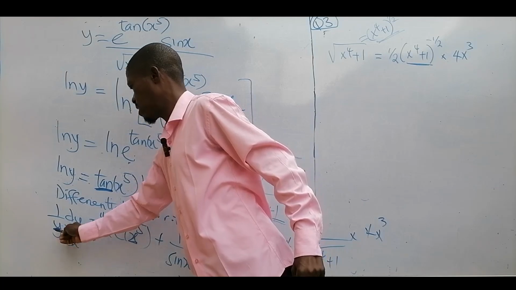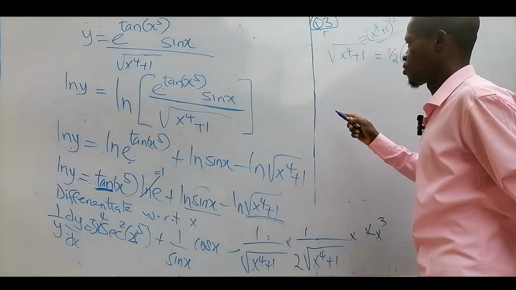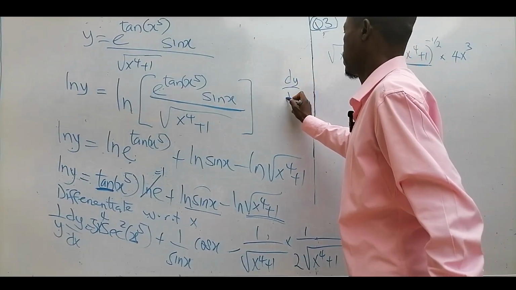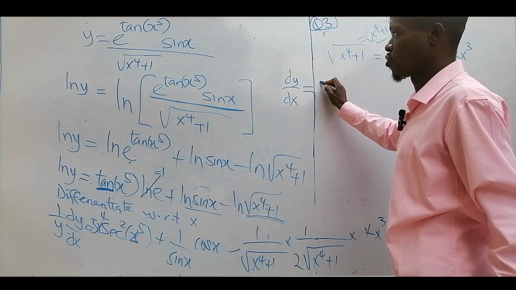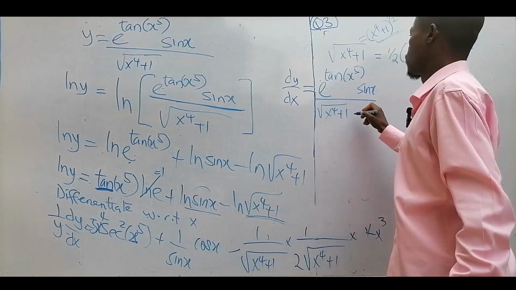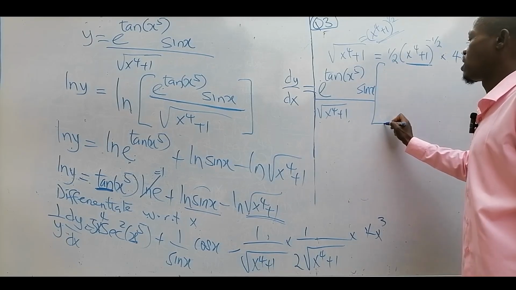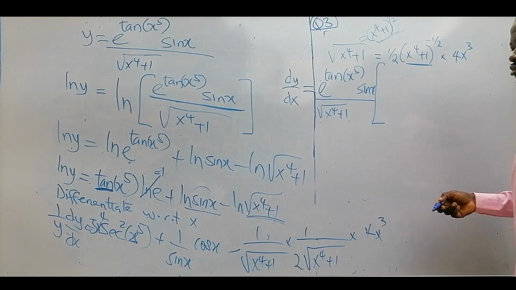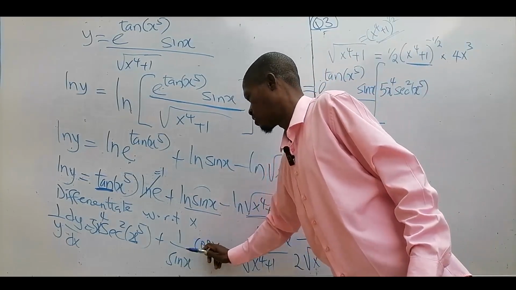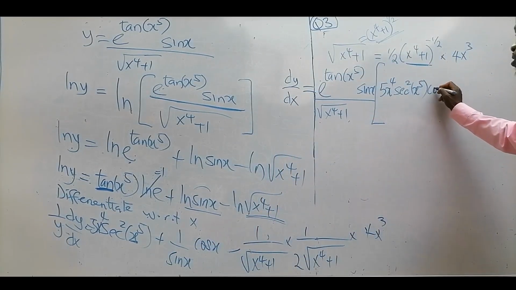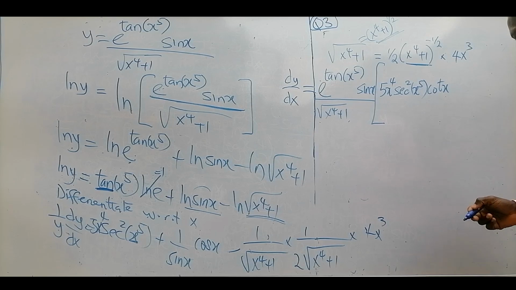Remove this y from here, multiply 2 by y. So we have dy/dx is equal to your y, which is your question, which is this. So that's your y. Then open a big bracket and put all this inside that bracket. This one will give you cot x.